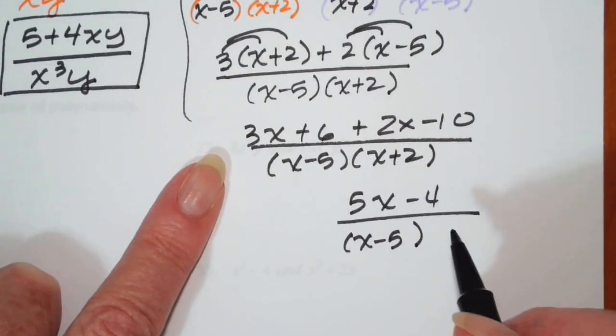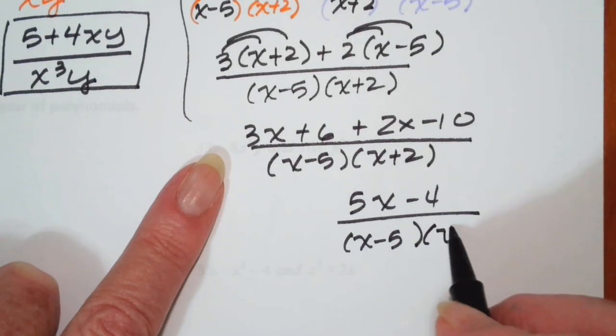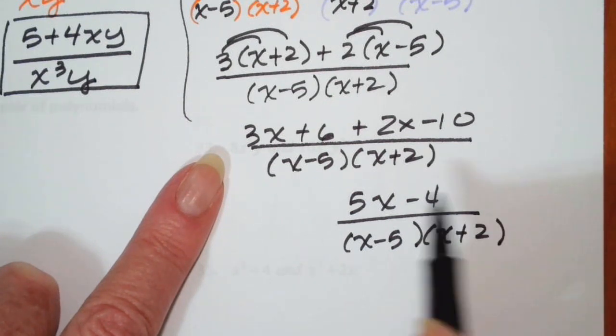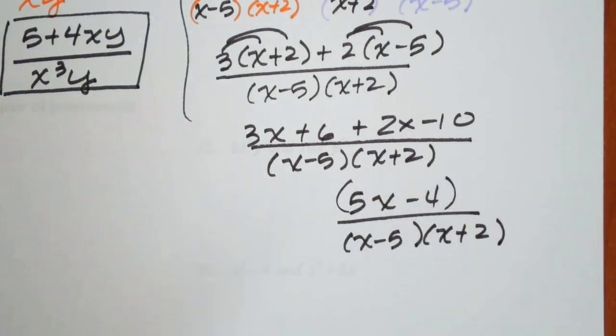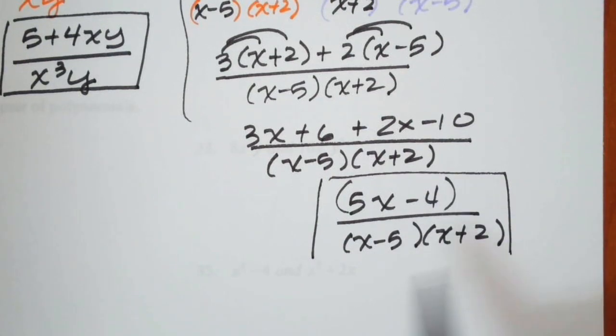Oh, I'm so sorry. X minus 5 times x plus 2. Okay. This is a prime factor. It can't be factored at all. So that is my answer.